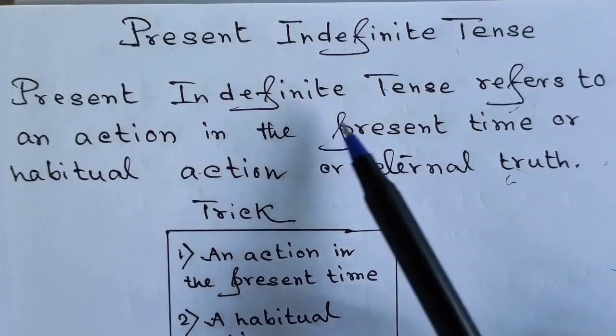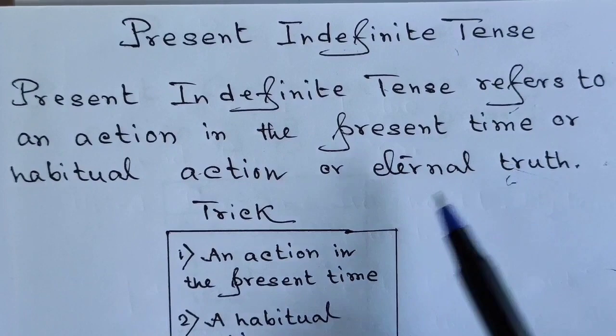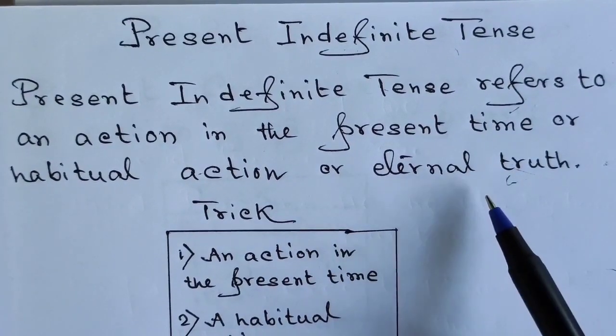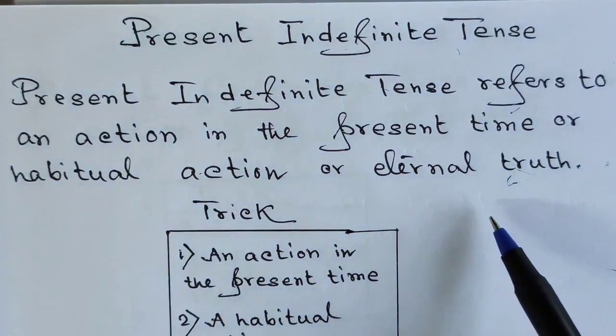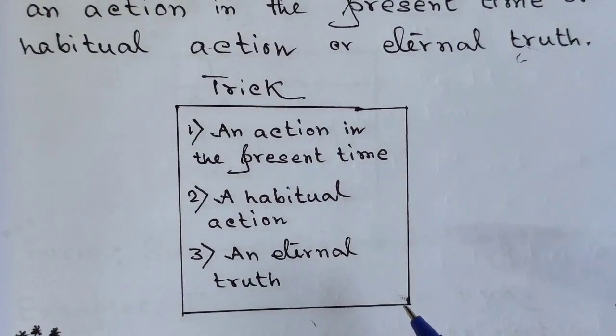Well, without wasting time, let's start discussing what present indefinite tense is all about. Present indefinite tense refers to an action in the present time or habitual action or eternal truth. Now, I'll make it easier for you to remember this or to understand this particular tense. I would like you to have a look at the trick I have done for you. There are 3 points and all these 3 points have to be kept in mind.